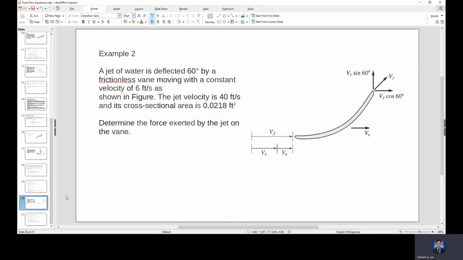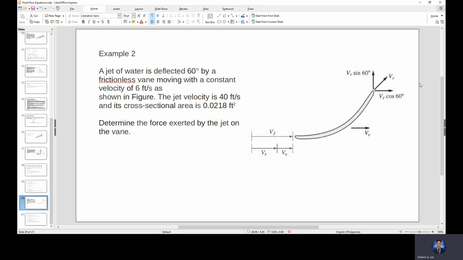So another example. Earlier, it was on a pipe, a closed pipe, or inside the pipe. This example is on an open surface. So we have a jet of water. It's being deflected 60 degrees by a frictionless vane. So this is the vane.